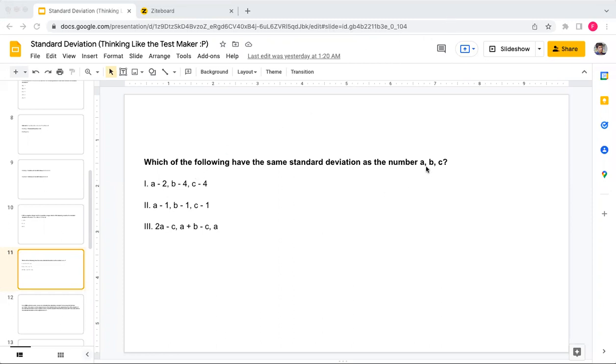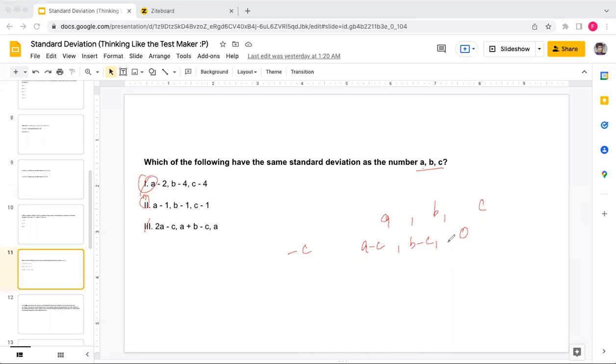Okay, let's see. Your data set has values A, B, and C. Straightforward, the first one is not possible because you're not subtracting the same number from each of the elements. At first you are subtracting 2, then you are subtracting 4, right? So A is not possible. Let's see B. Yes, because you're subtracting the same number from each of the elements. Now see the third one. We have A, B, and C. If we subtract C, this will become A minus C, B minus C, and 0.